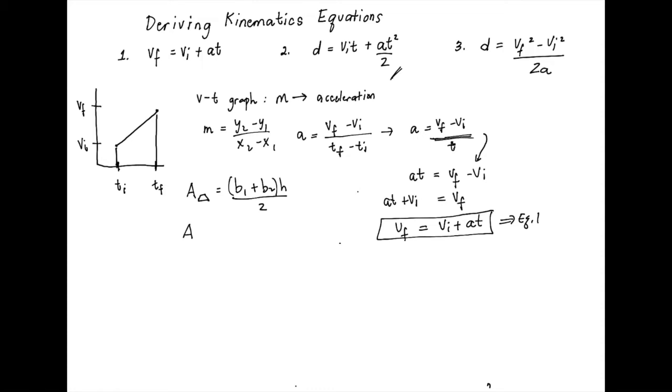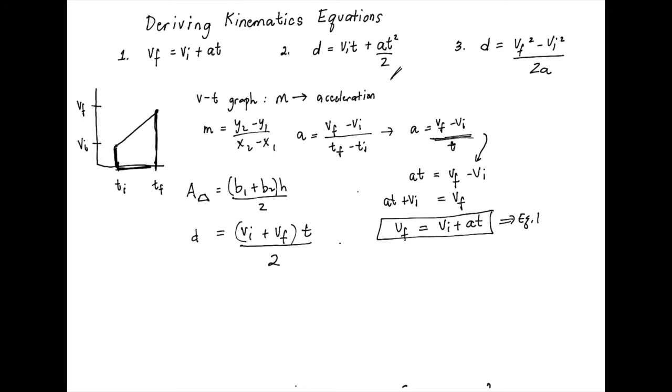By replacing it with our values, the area is equivalent to b1, which is Vi, plus this one, Vf, and then the height, that would be the change in time, divided by 2. And this will now represent our distance.